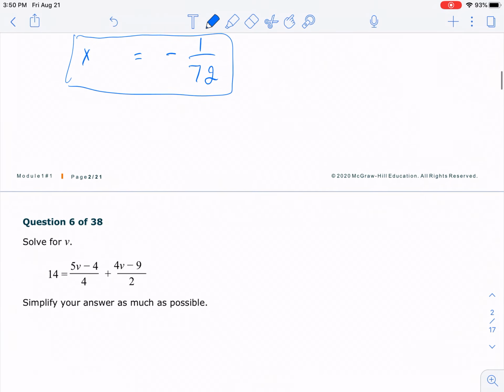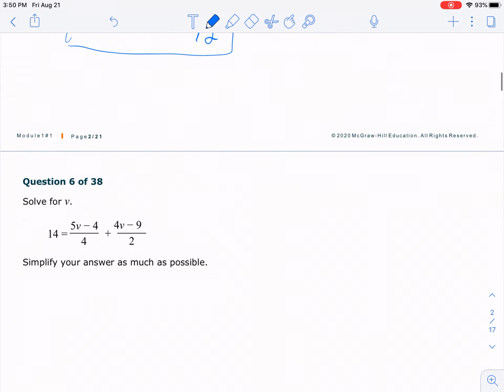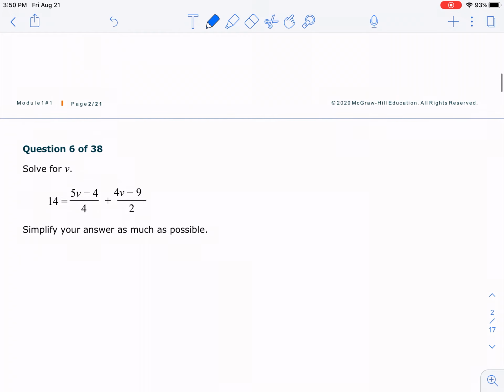All right, moving on to the next problem. This one is a little bit different. Yes, if you want to get rid of the fractions, once again, you have to multiply by the LCD. But be careful when you multiply, because what we have right here is a binomial.